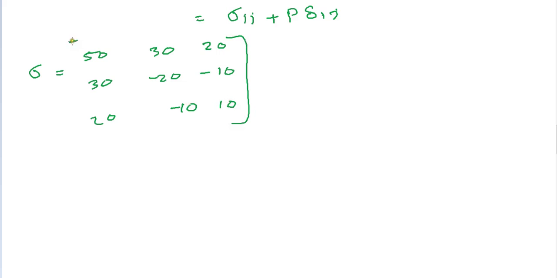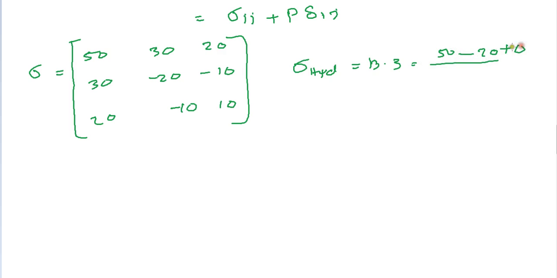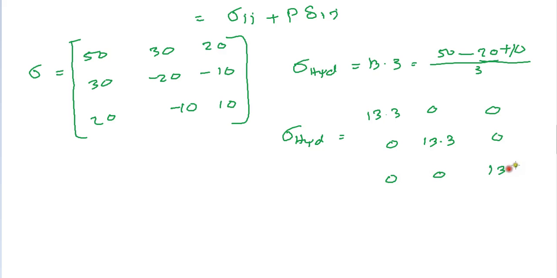We have already calculated the hydrostatic part as 13.3, that is 50 minus 20 plus 10 divided by 3. So this tensor can be written as 13.3 0 0, 0 13.3 0, and 0 0 13.3. This is the hydrostatic stress tensor.